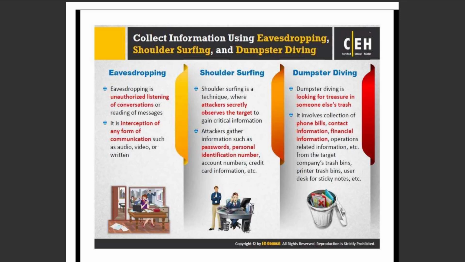This is what they call shoulder surfing, because he doesn't see you and doesn't know that you are behind him recording everything. And dumpster diving is simply looking inside the trash, checking the phone bills, the contact information, the documents, the files that were thrown away, maybe a receipt to get some numbers, bin codes, and extract them, then use them in other attacks to chain them. All of these things can be done.